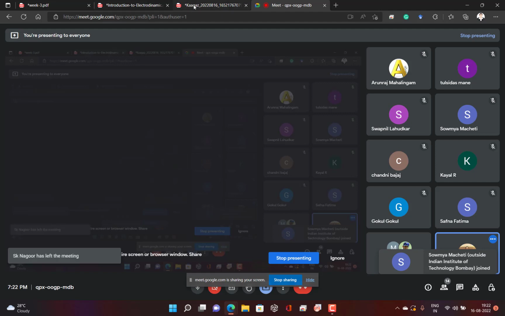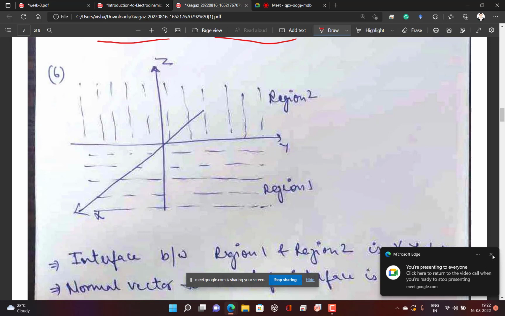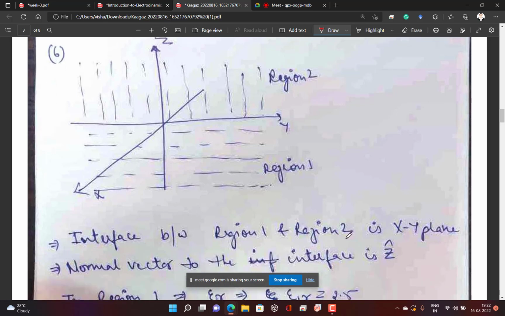For this question, region 1 and region 2 are given to us. The interface between region 1 and region 2 is the XY plane, isn't it? Because it is written Z less than 0 for region 1 and Z greater than 0 for region 2.